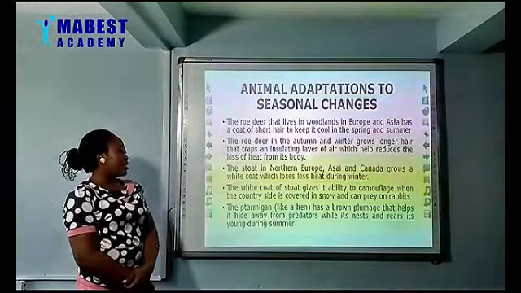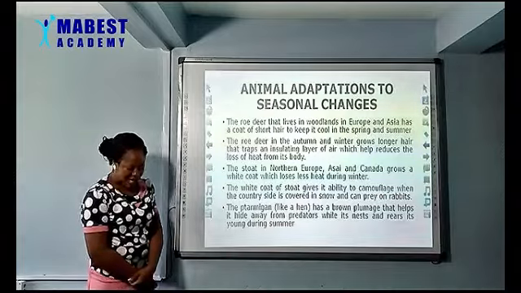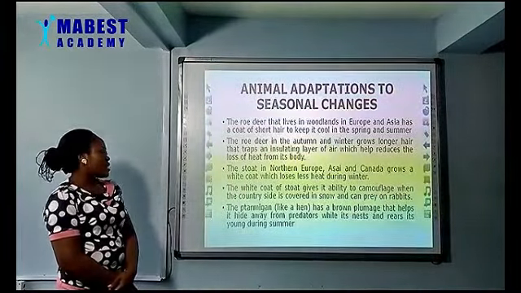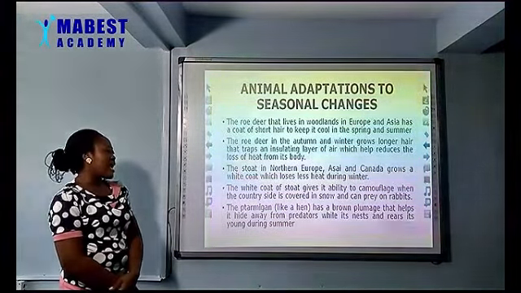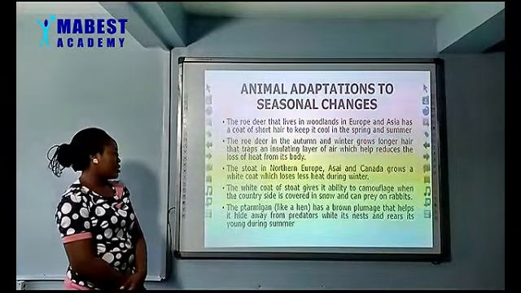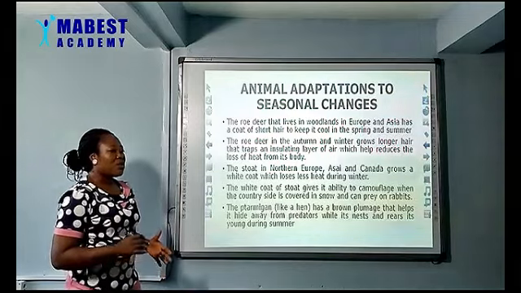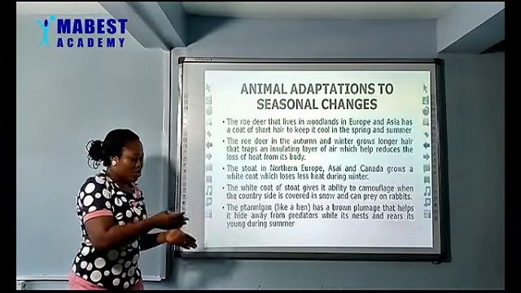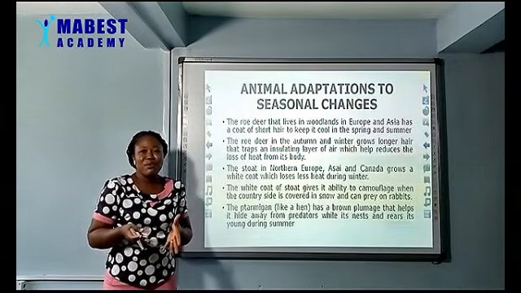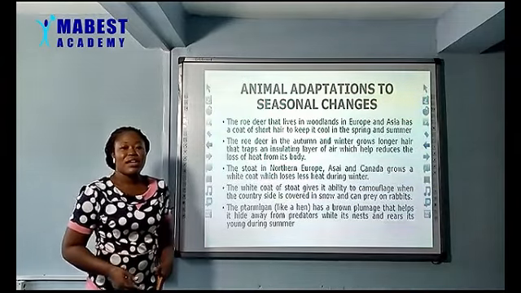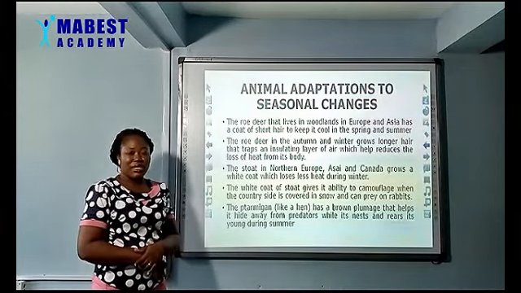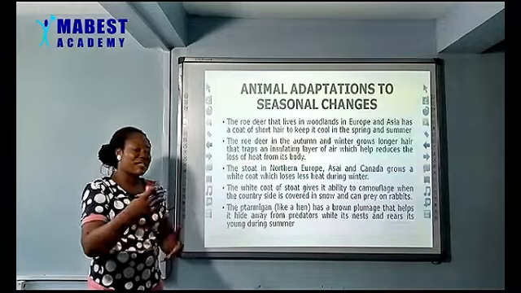This another one looks like a hen, our Nigerian hen. We refer to it as ptarmigan, and it has a brown plumage. Once again, when we are talking about adaptation, those structures they possess that enable them to survive in that particular environment, to do so many activities.